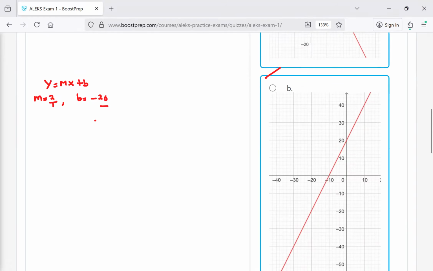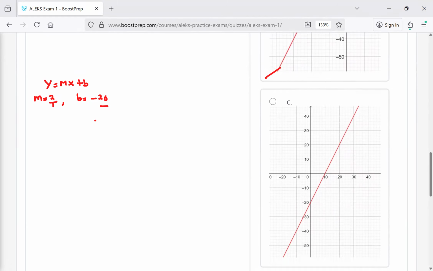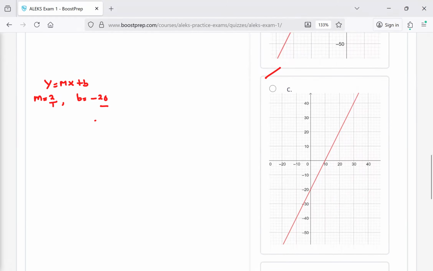Let's see if this one works. Yeah, it does have a positive slope of 2, but does it have a y-intercept of negative 20? No, it looks like it has a y-intercept of positive 20, so we can forget about that. What about graph C? Looks good. It has a positive slope, and it also has a y-intercept of negative 20.